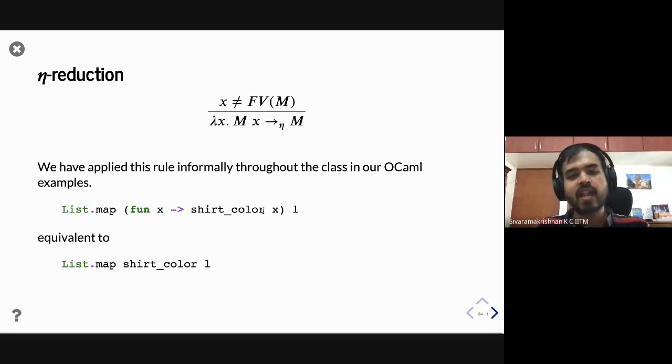And I said this is equivalent to just applying shirt color directly, and this is more idiomatic. We often don't write it explicitly like this, because we are adding this anonymous function for no reason. This takes whatever the element kind is and returns a shirt color, and this does the same thing. So eta equivalence is very intuitive. You've actually done it previously. Okay, so that's eta reduction.